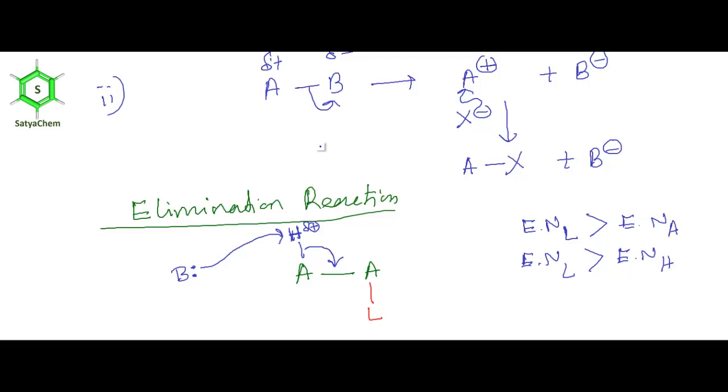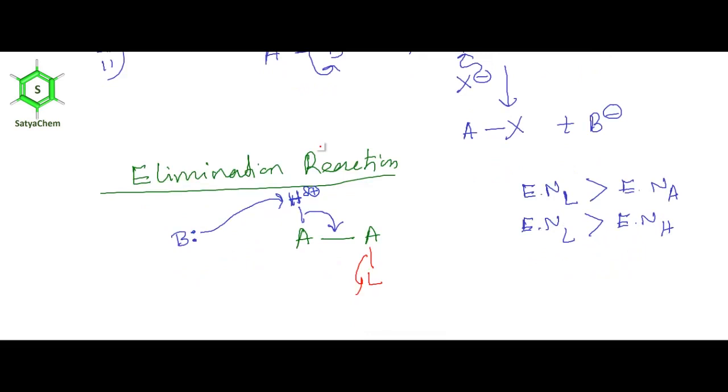But we know that the normal valency of A is divalent. When a new bond is forming between A and A, the number of bonds arising from A will increase to 3, which is not possible, so one bond must be broken. Now this A-L bond breaks and L takes the bonded electron pair. L behaves as a leaving group because L departs from the system.